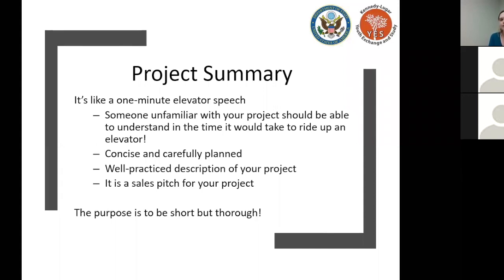If you're going, say, 20 floors, that probably takes maybe 30 seconds. So you need to be able to get all of your ideas across in that time. Those ideas need to be concise and carefully planned, and it's a very all-encompassing description of your project, like a sales pitch. It needs to be short, but it also needs to be thorough.